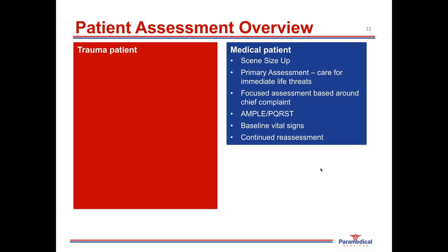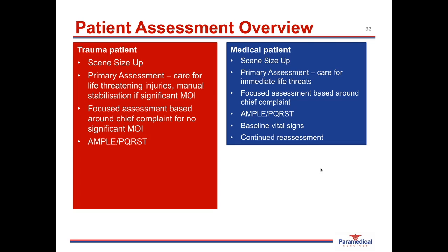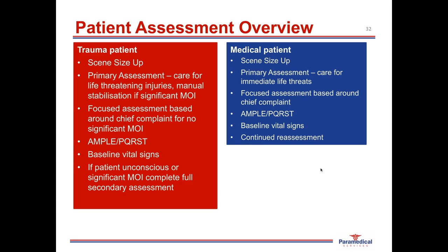In the trauma case, scene size-up should be conducted, primary assessment with C-spine inline stabilization if there's the presence of a significant mechanism of injury, focused assessment based around the chief complaint, the AMPLE and PQRST assessments, baseline vital signs, followed by a secondary assessment.